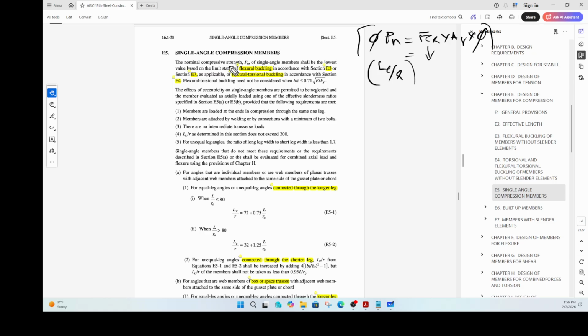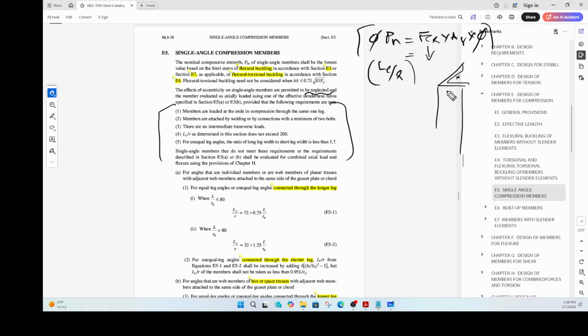Okay, so for an angle, what they are suggesting here is if you meet all these conditions, you can neglect the eccentricity, because when you load the angle, you're not loading it concentrically. The centroid might be somewhere there, but you are loading it elsewhere, so there is a small amount of eccentricity.